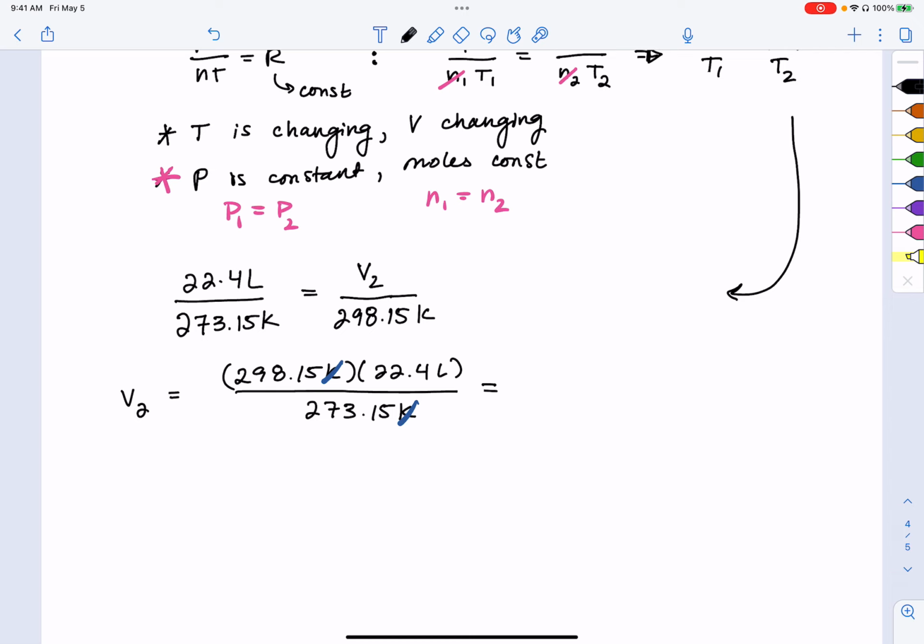And because we had our temperature go up, we would expect for the gas volume to be larger. So let's see if we get that. So 298.15 times 22.4, over 273.15.